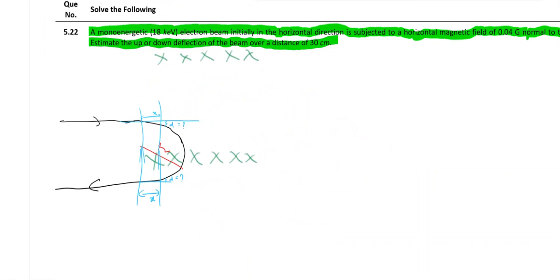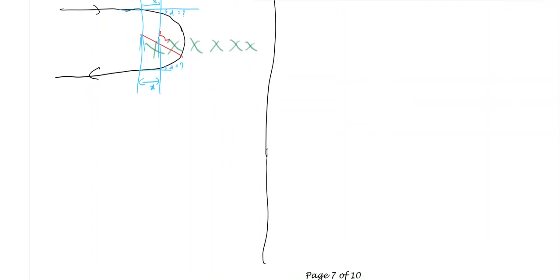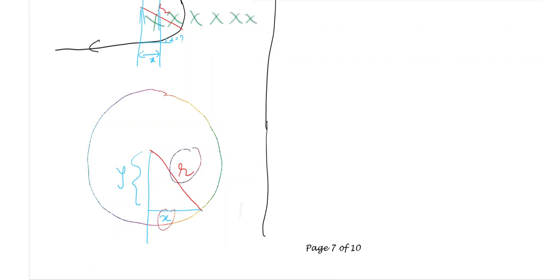So first we should try to find out the radius value. Why radius value? Because if I consider the circle, and now let us consider the radius r. If I know the x value, can I find out the y value? Somehow if we can calculate r, and if x is available, we should be able to find out y.